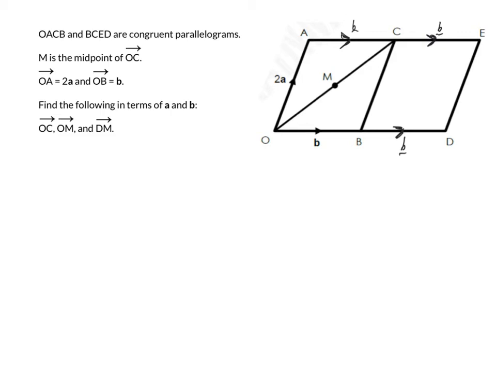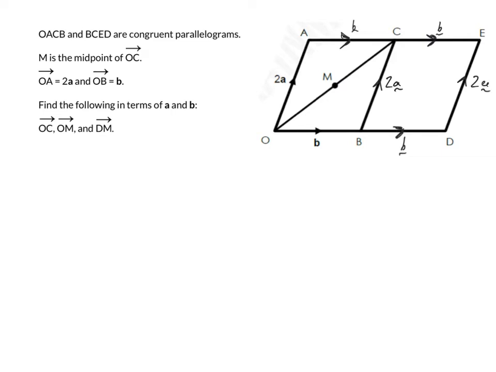The same can be said for these two sides here. Because this side is parallel and the same length to this side, I can say this one here can be represented by 2A, and the same holds true for this one over here.